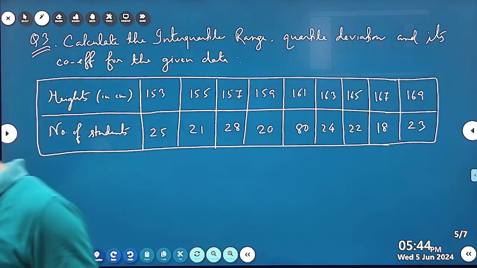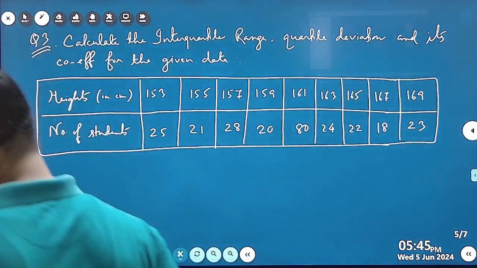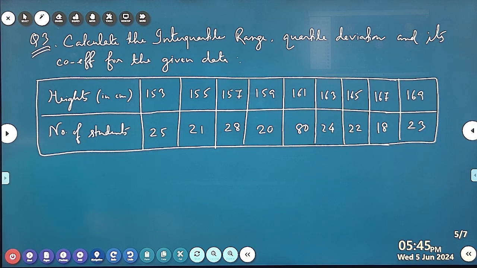All of you make the table vertical and try to find CF from there. Okay, so try to get a CF.